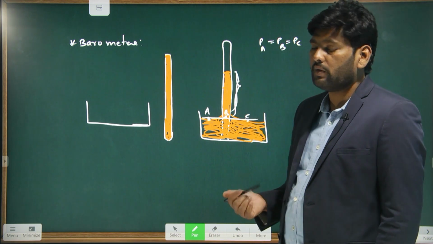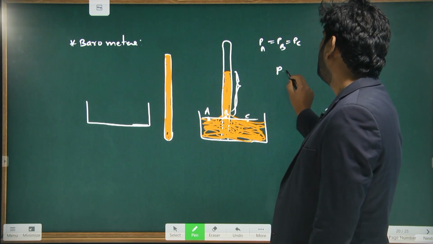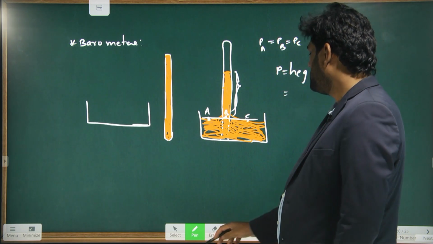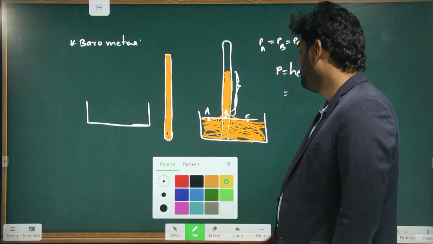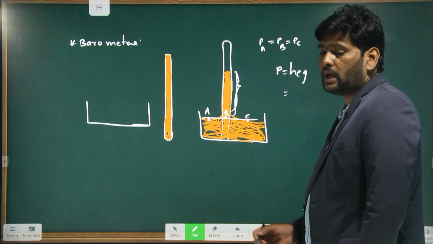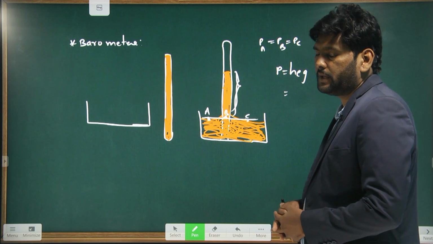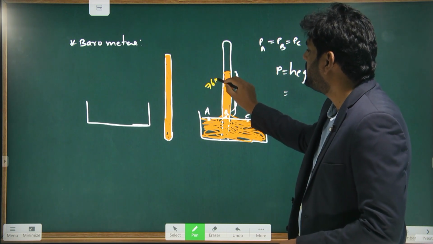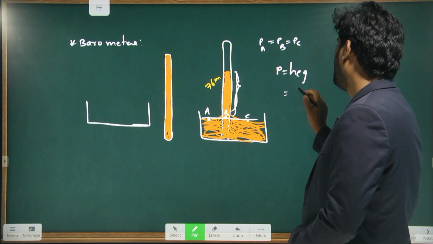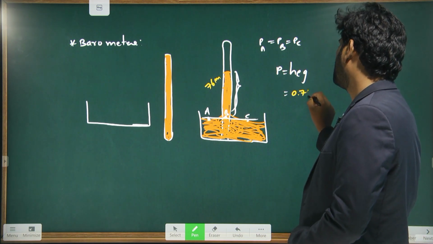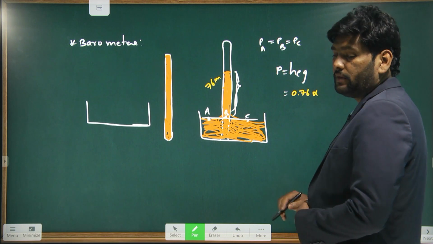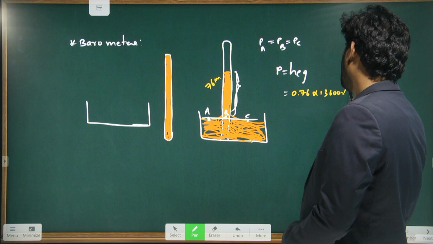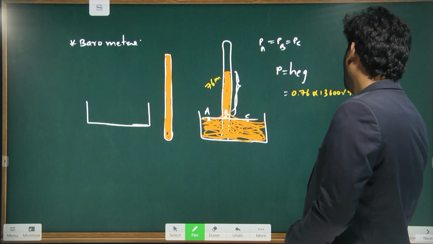But the pressure due to a liquid column formula is h rho g. Here h is the height of the liquid column. Generally, for normal atmospheric pressure, the mercury column will rise to 76 centimeters. So here height would be 0.76 meters, density of mercury is 13600, acceleration due to gravity is 9.8.